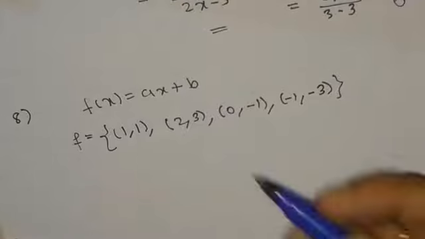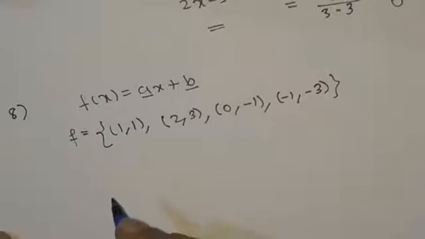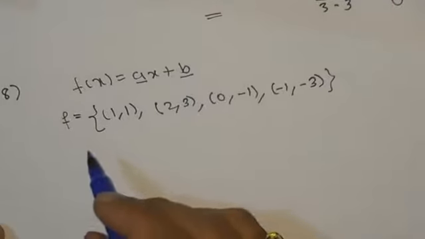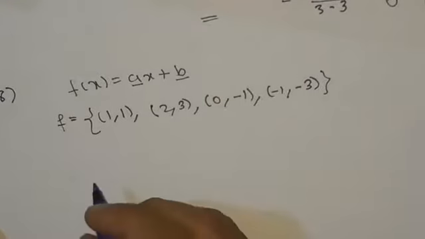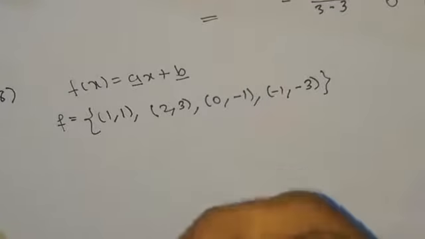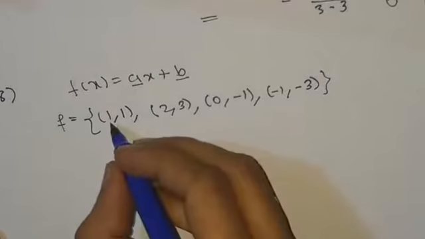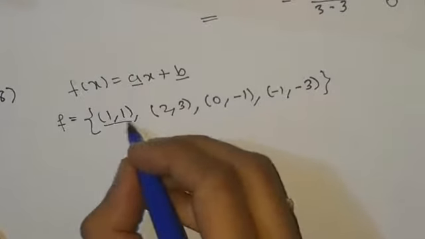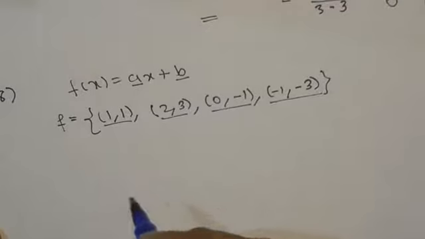So we have to find the values a and b which are integers. Now what we can do here is first write this set, that is the function, in the standard way of writing functions, that is f(x) = y. So here we have f equal to the ordered pairs (1, 1), (2, 3), (0, -1), (-1, -3).